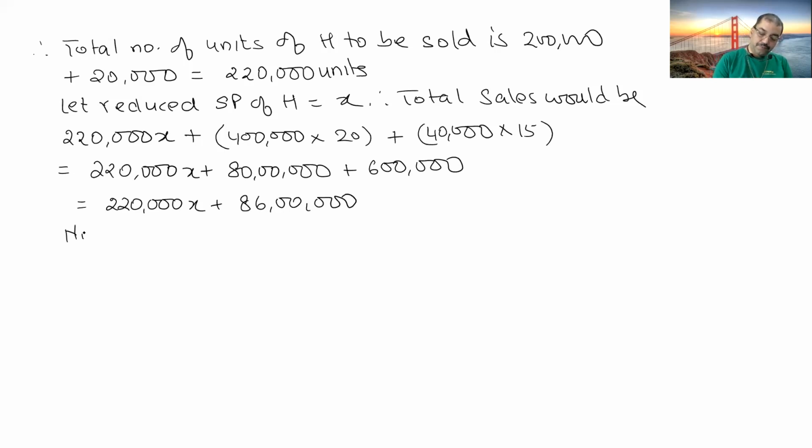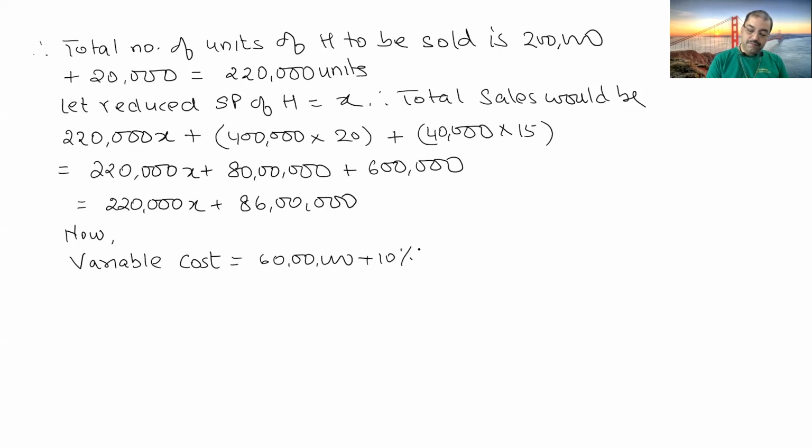Now, variable cost equals how much? Material cost 60 lakhs will increase by 10%. You have increased everything by 10%, no? So material cost will increase by 10%.